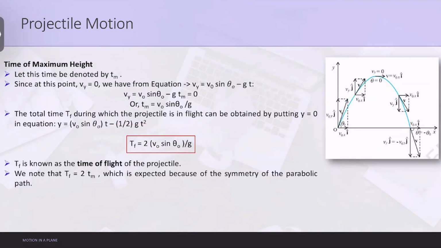That being said, we went on to understand the time of maximum height, which is equal to v0 sin θ0 by g, and finally derived the time of flight, which is 2 v0 sin θ0 by g.